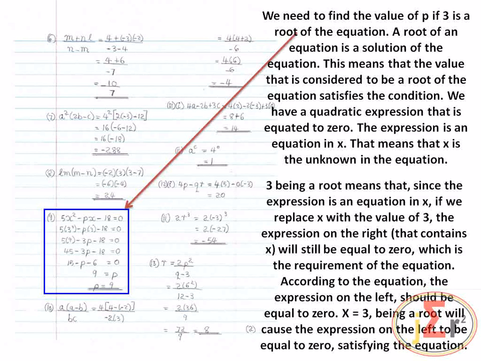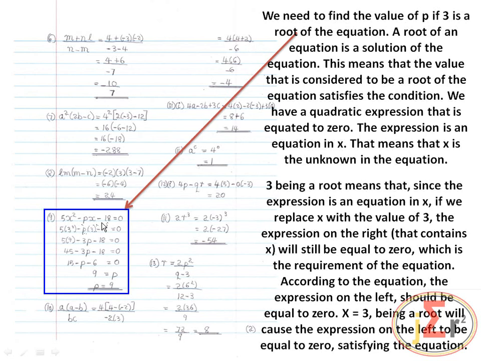According to the equation, the expression on the left should be equal to 0. X equal 3 being a root will cause the expression on the left to be equal to 0, satisfying the equation. So according to what we have here, 5x squared minus px minus 18 is equal to 0.